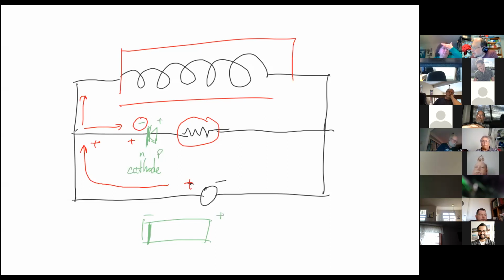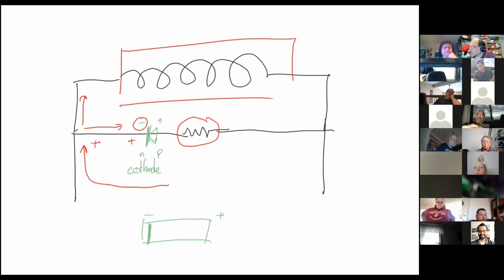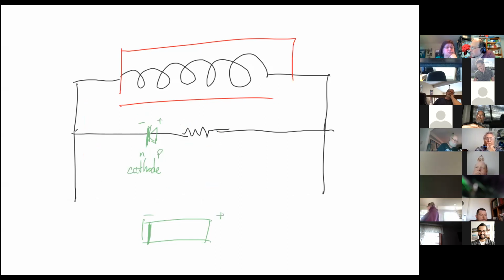Now, when I disconnect this and take the power supply away, all of a sudden I have this being gone, and this being gone, and this being gone. And all of a sudden I'll have a voltage here being generated by that magnetic field, and the current will flow this way through the resistor and back over to here.